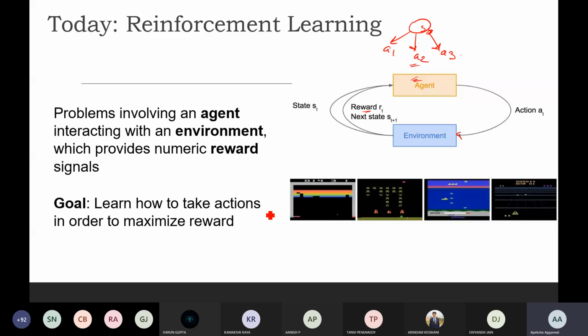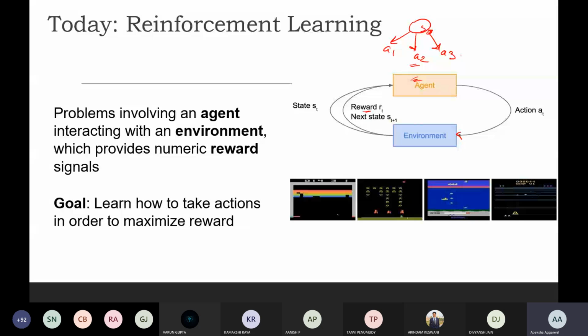Okay, now from that environment, at that point the environment gives a reward. Okay, that you have saved your life, so this is your reward. Yes, you have saved your life, you have done the correct action.